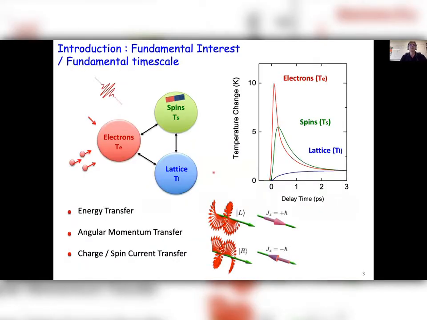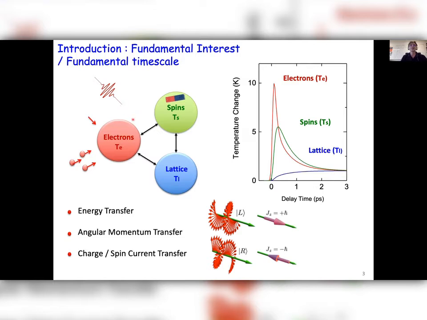It's very interesting in terms of fundamental science, because we are dealing here with very short timescales. Indeed, we will send light to a material, and the pulse duration of the laser is going to be a few femtoseconds, typically 30 femtoseconds.